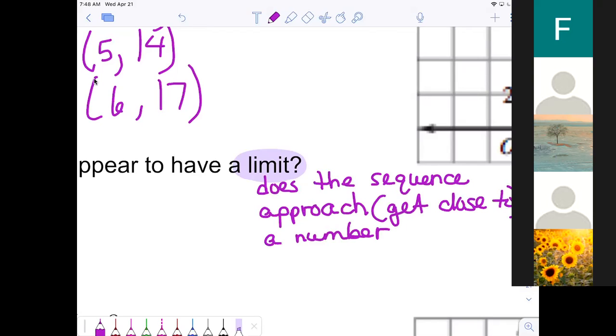So does the sequence approach a number? Does it have a limit? If it approaches a number, it should get really, really close to that number.